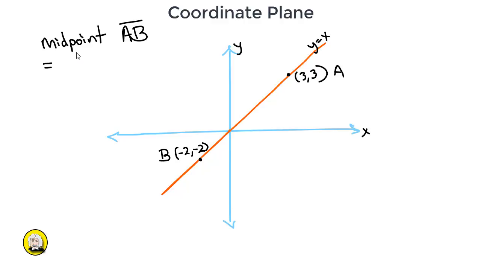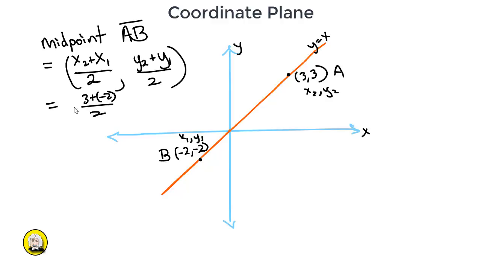So again, I'll label one of the points x2, y2, one of them x1, y1, and mathematically that's x2 plus x1 divided by 2. The sum divided by the count, which there are only 2 points to count in this case.